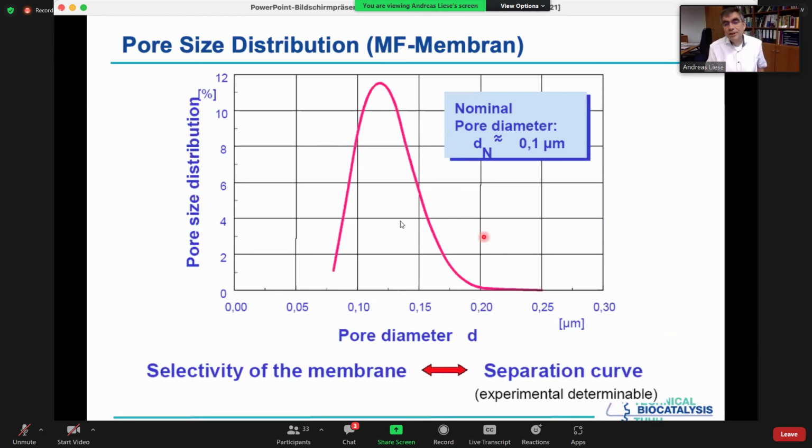Now, the big challenge in membrane filtration is that we do not have all the pores with a totally identical diameter. And that is the challenge when selecting membranes for our processes, because we always have a distribution in the pore size, what you see here. And this has a direct effect on retention.